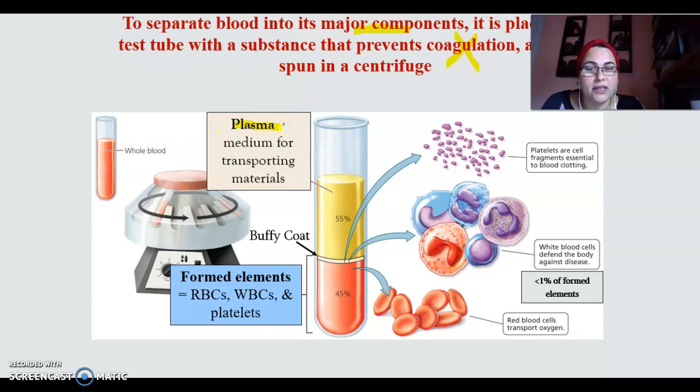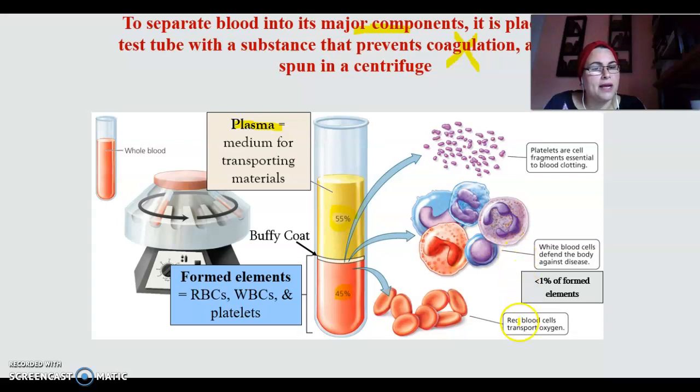This is the liquid matrix for blood, forming around 55% of the whole blood, and it will take the superficial coat. And the formed elements, or the blood cells, including red blood cells, white blood cells, and platelets, which form around 45%, will form the deep coat in centrifuged blood.